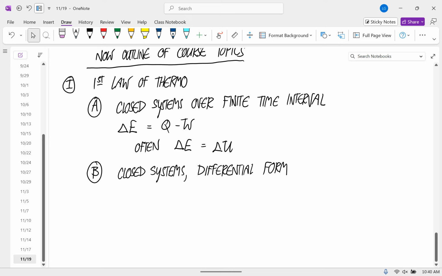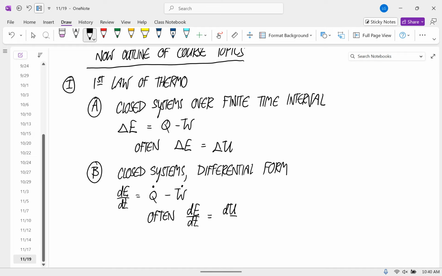And so the equation itself says dE/dt is equal to Q dot minus W dot. And similar to above, often dE/dt is treated as dU/dt.